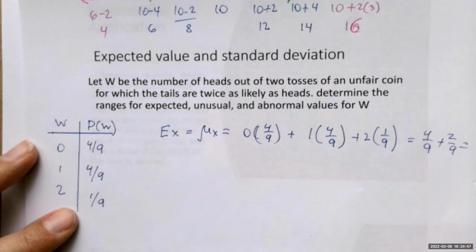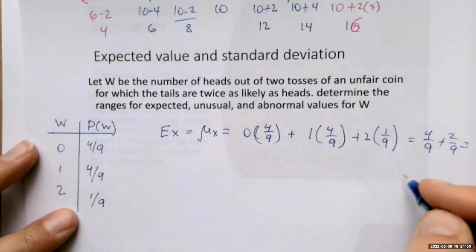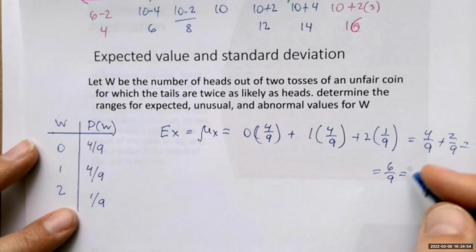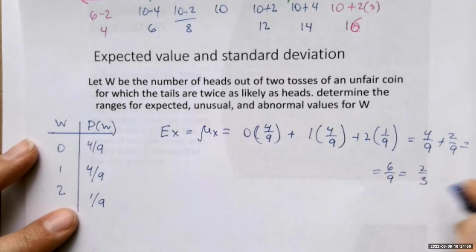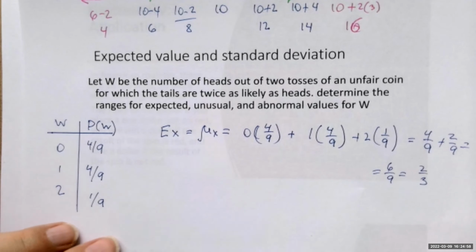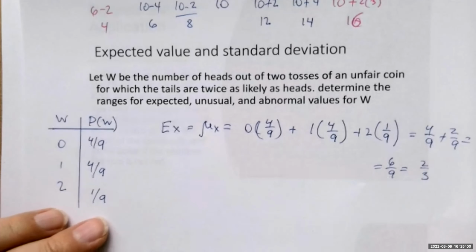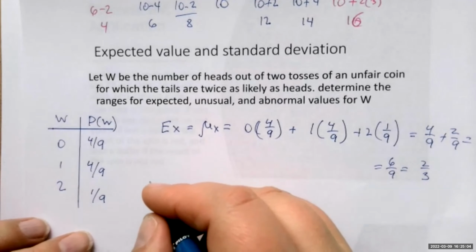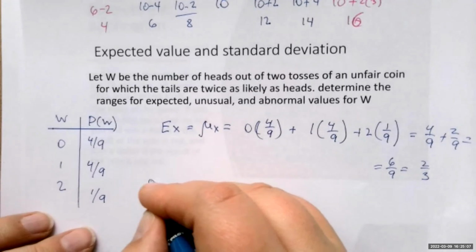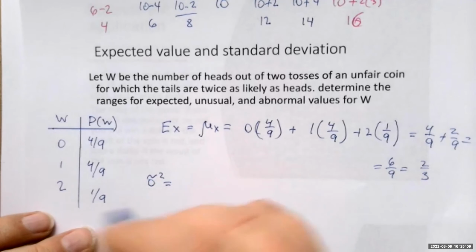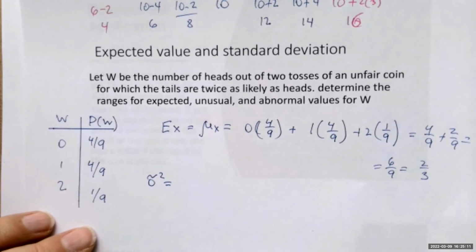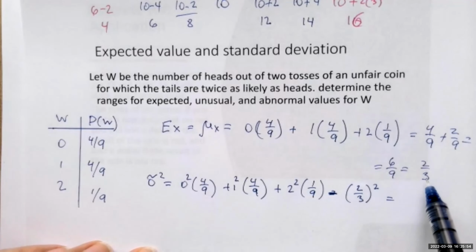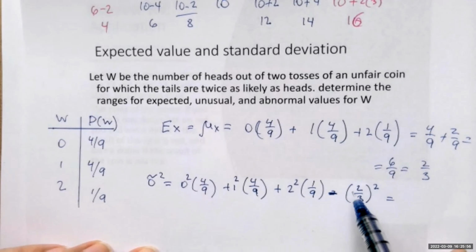So that's going to be 6/9, or if we simplify it, 2/3. That's the expected value. And then for the standard deviation, we're going to figure out the variance first. Don't forget to subtract the square of the mean in the end.